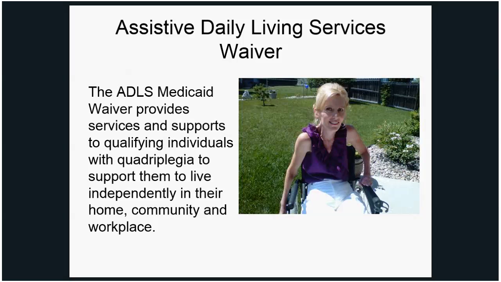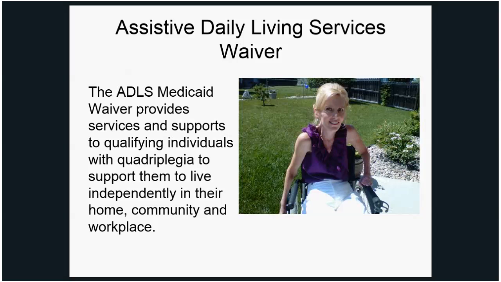Eligibility is much the same as it is for your HOPE Medicaid waiver. Yep. The one big difference is the need to have limited use of all four limbs. And the ADLS waiver is self-directed. That's really the other big difference between the two waivers.